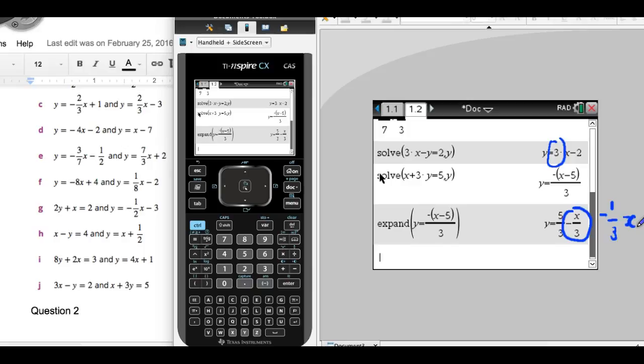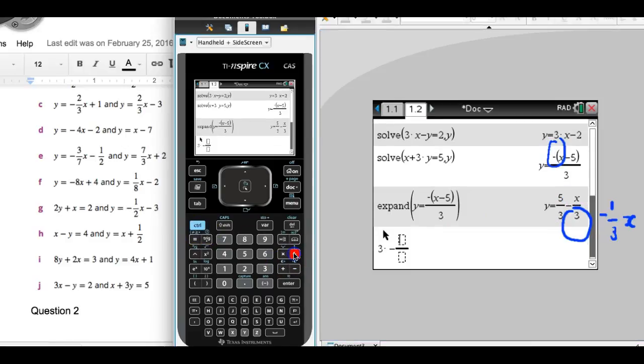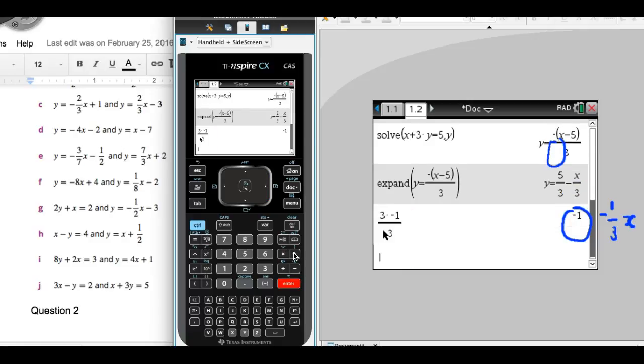Now I know straight away they are perpendicular, but if you're unsure, you can just do 3, which was this gradient, times negative 1/3, and I'm going to put this in brackets so it reads it as a negative sign, not a minus sign. So we get -1, therefore they're perpendicular.